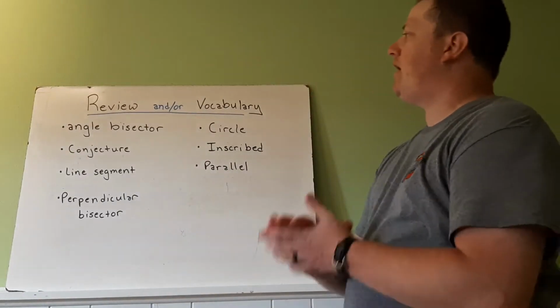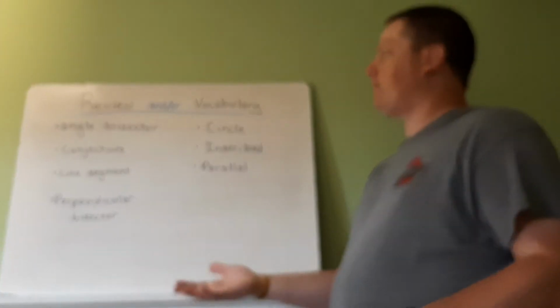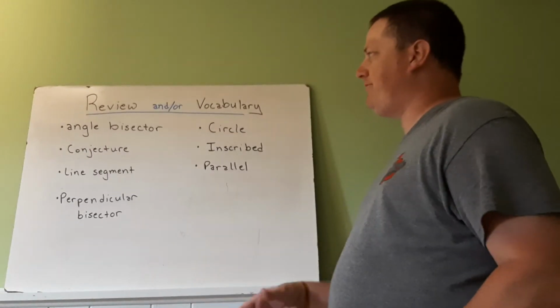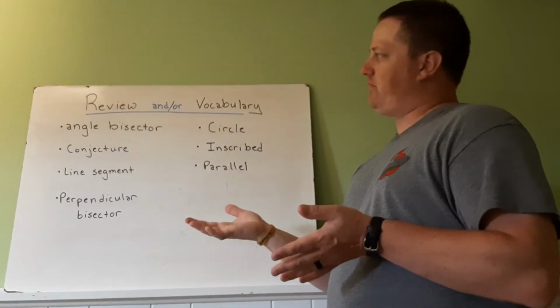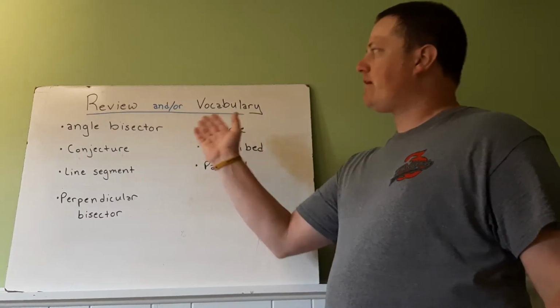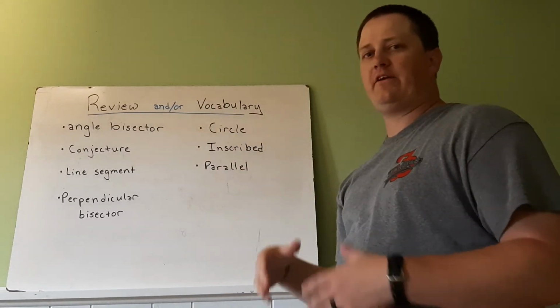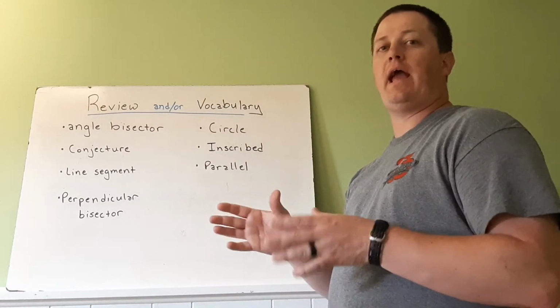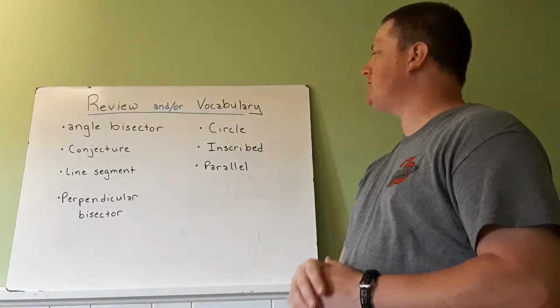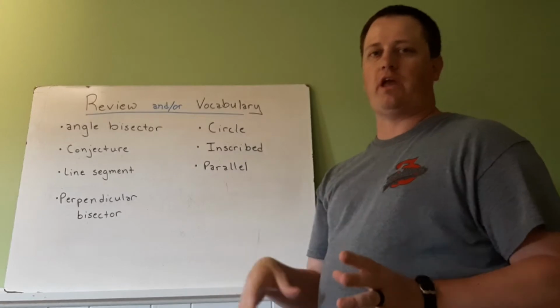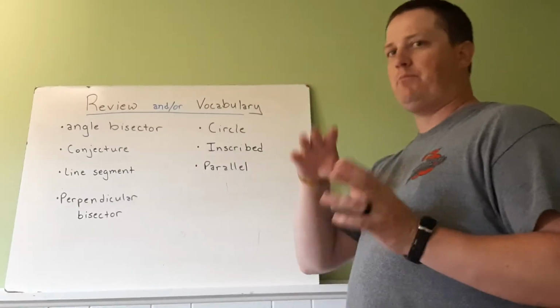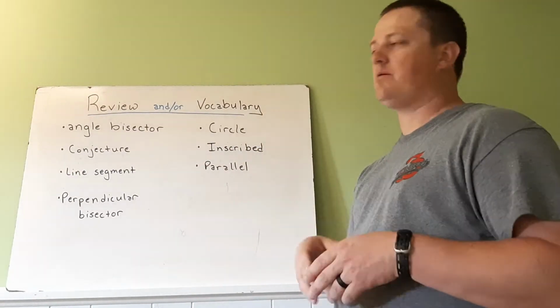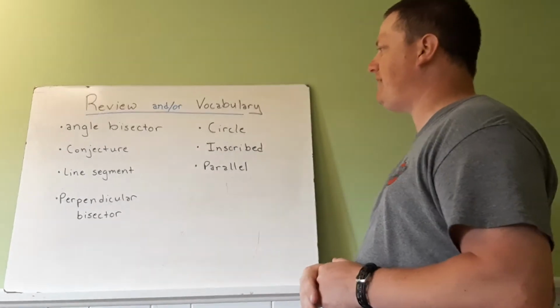All right. Our vocabulary here is all review. These are all words that we've dealt with before, so let's just go through them quickly. We have angle bisector, which remember is our way of cutting an angle into two equal parts. We have a circle, which is a shape where all the points around a center point are the same distance away from that center.